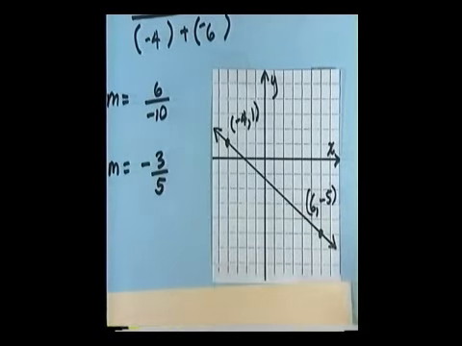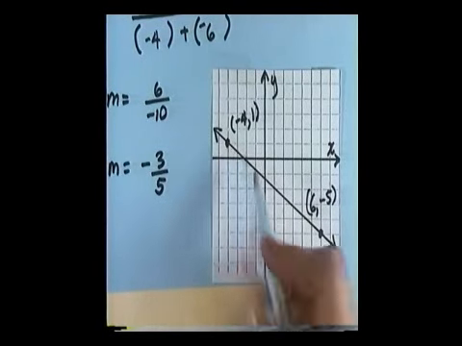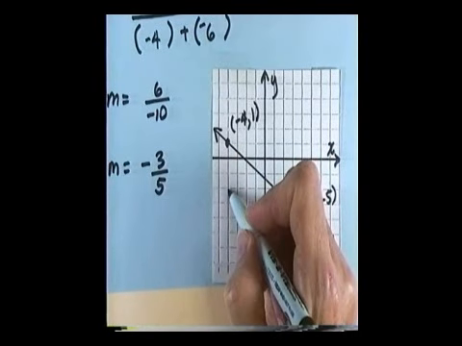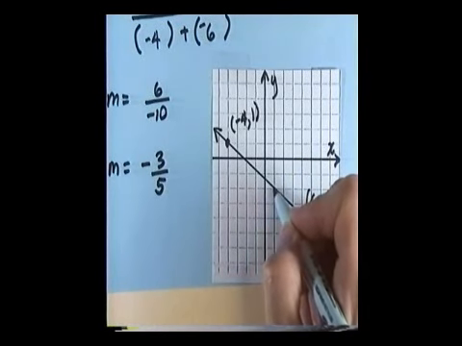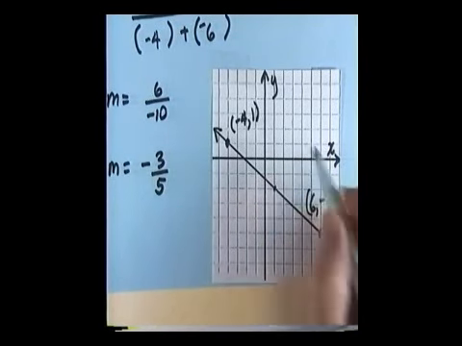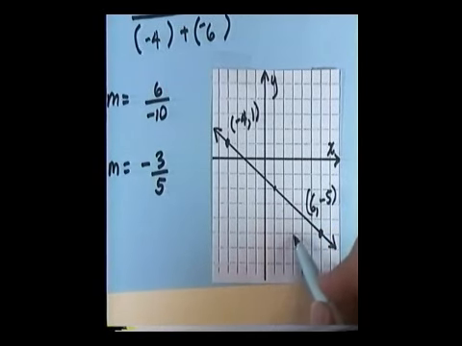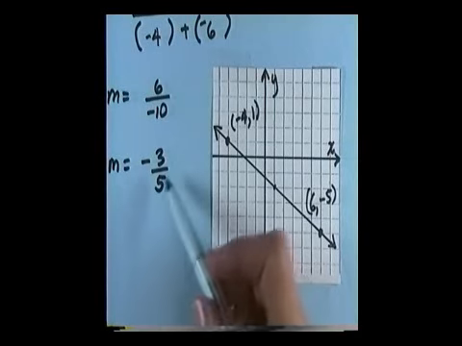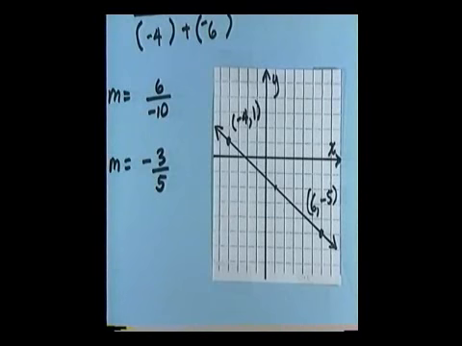So if I start at one point on this line, at (-4, 1), and I change -3 vertically, that is I go down 3, and then 5 horizontally to the right 5, I'm back on the line. From there, likewise, down 3 to the right 5, I'm back on the line. And so the slant of -3/5, that vertical change to horizontal change, describes how this line is tilted on the graph.